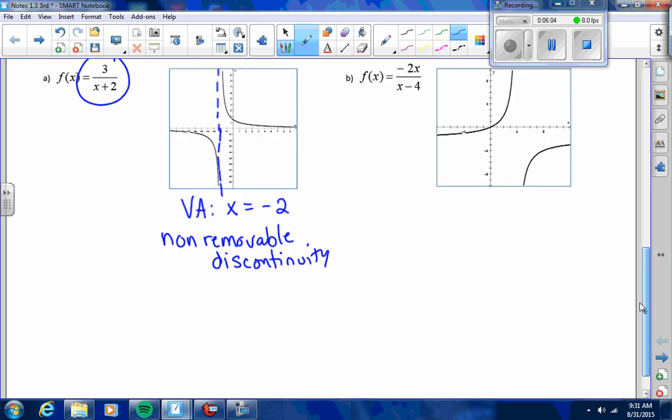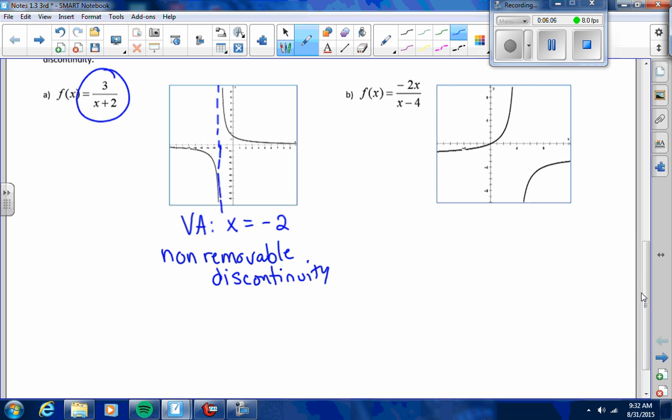Okay. Now we're going to take the graph and we need to describe the end behavior. The end behavior means what's happening on the far ends of the graph, way out there. So as far back as we can go, and as far out as we can go. What's happening out on the ends of the graph?